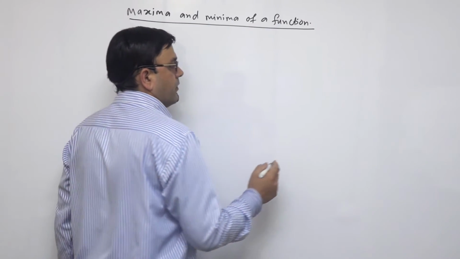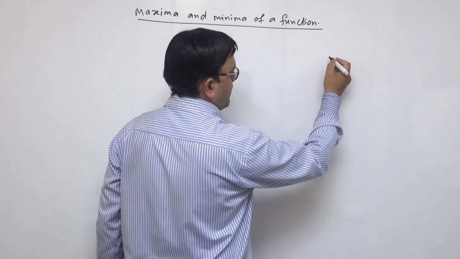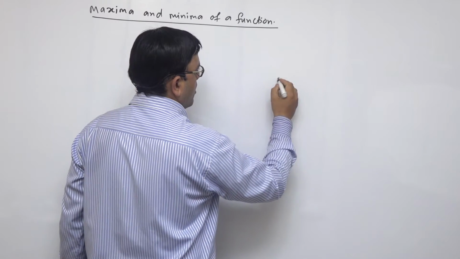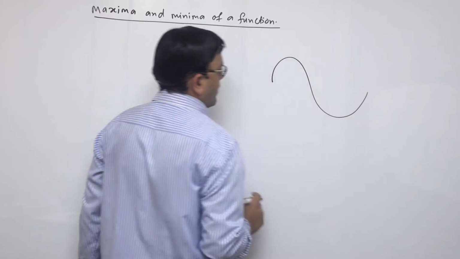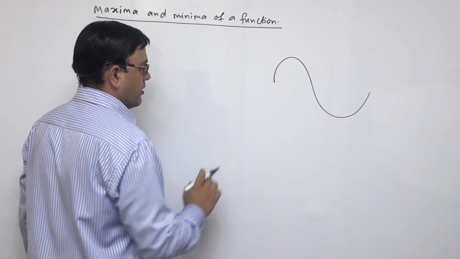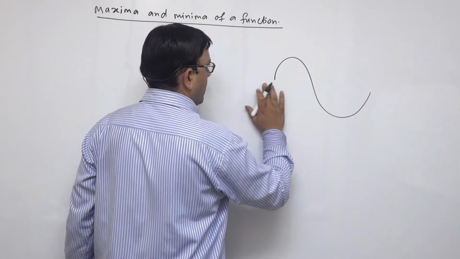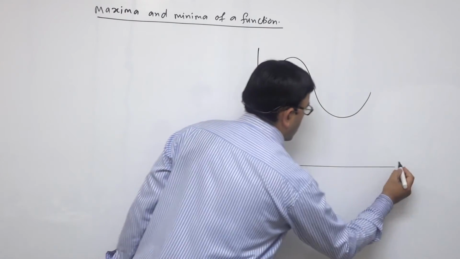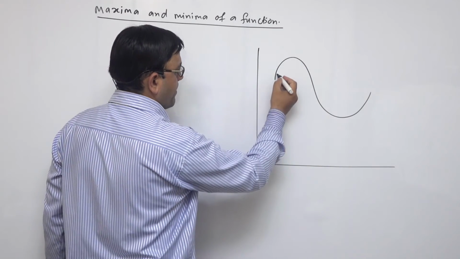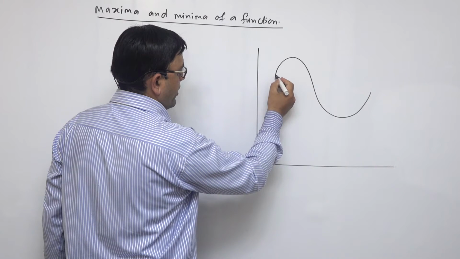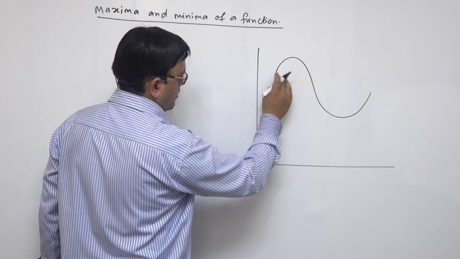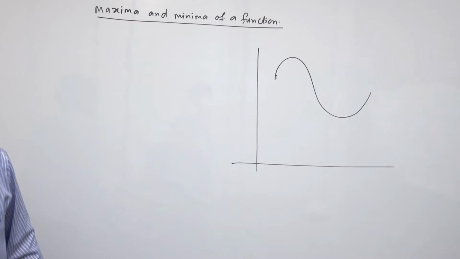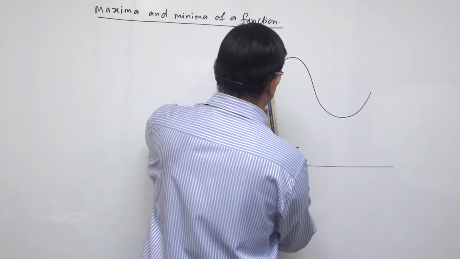For this, let us look at one diagram. Again, we are going to observe this curve on the first quadrant. Let us take one point somewhere here. We can draw one perpendicular line from here to here.